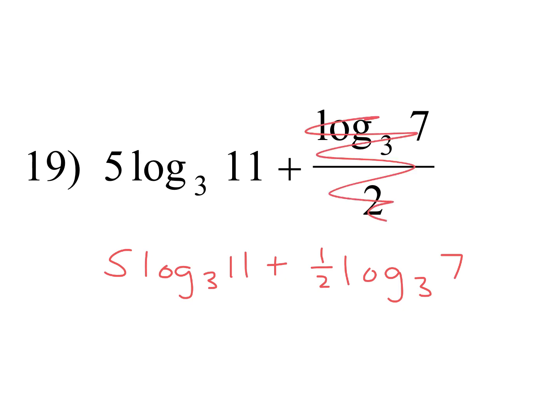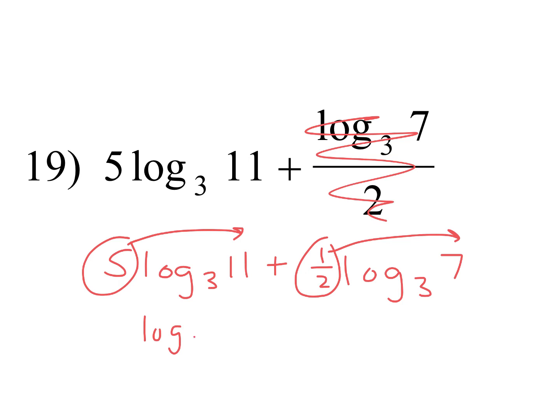It would probably make a little bit more sense when it's just 1/2 being multiplied out front. But what should we do first? Move the 5 up top and do the same thing with the 1/2. Move it up top. So log base 3 of 11 to the 5th power plus log base 3 of 7 to the 1/2 power.